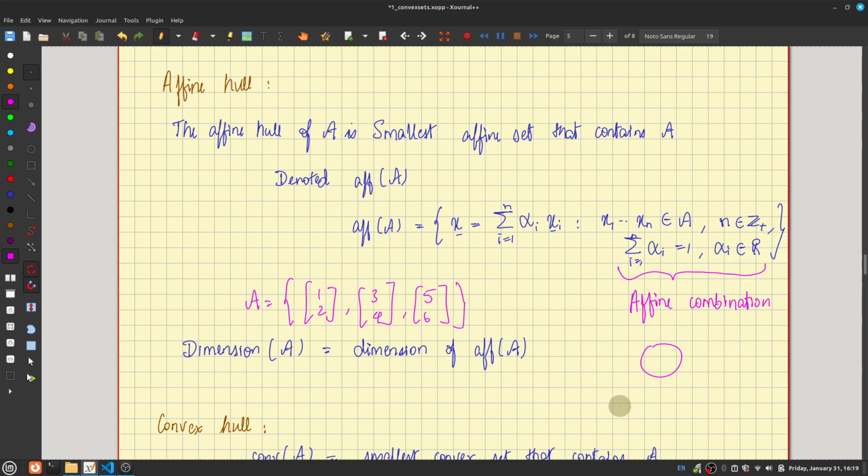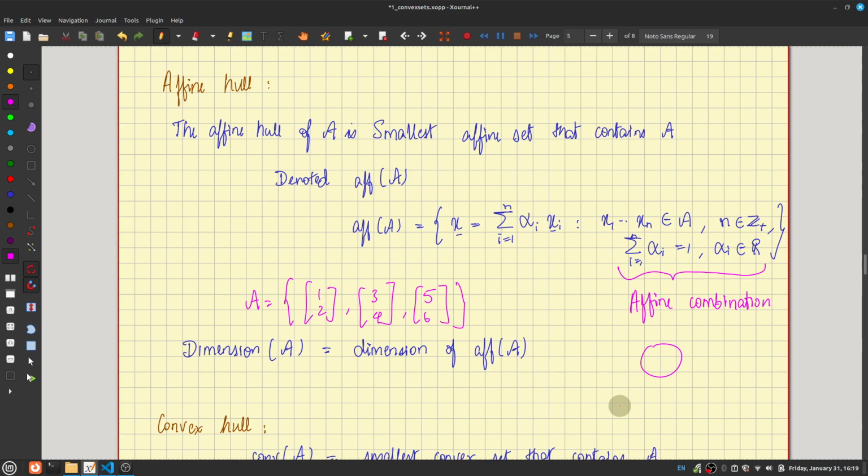So if you take any 3 points in R3, what would be the dimension of this set containing 3 points? 2, but it could be 1 also, right? Because if those 3 points lie on a straight line, then the affine hull would just be a straight line, and therefore the dimension would be 1.